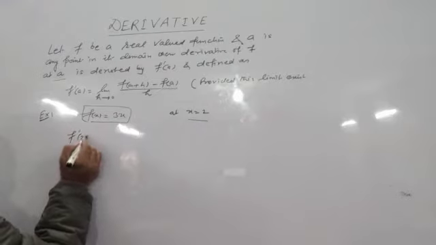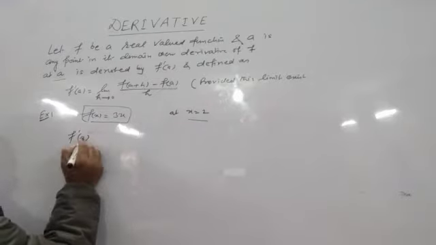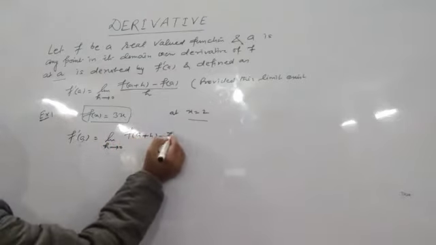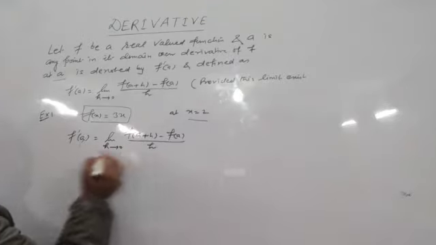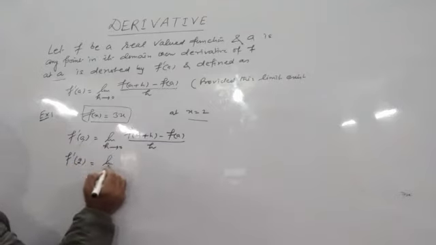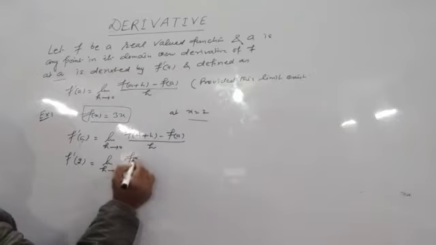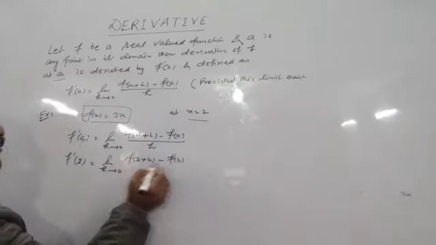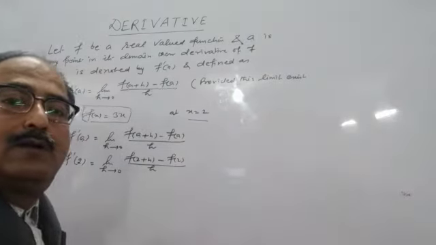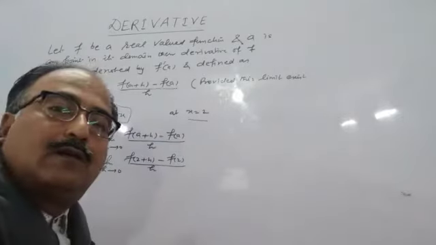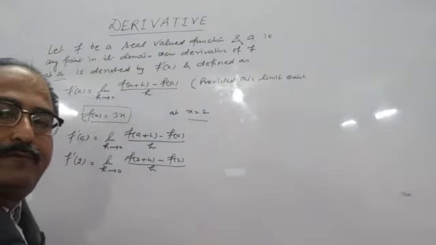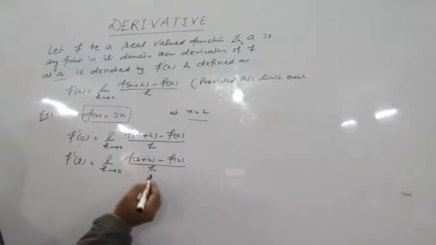So f dash 2, first of all write the definition. f dash a equal to limit h approaching to 0 f(a plus h) minus f(a) upon h. Now in place of a we put 2. So f dash 2 is equal to limit h approaching to 0 f(2 plus h) minus f(2) upon h. Further, what we will put here?